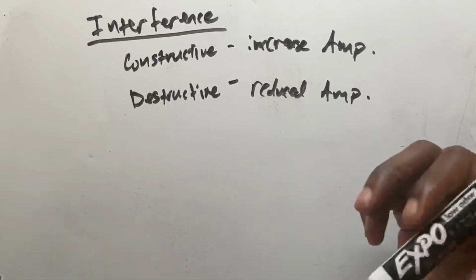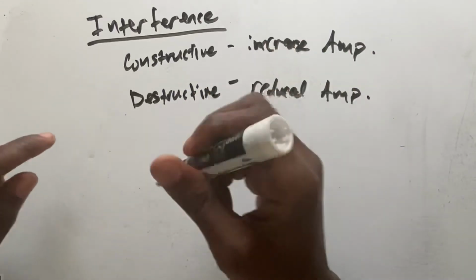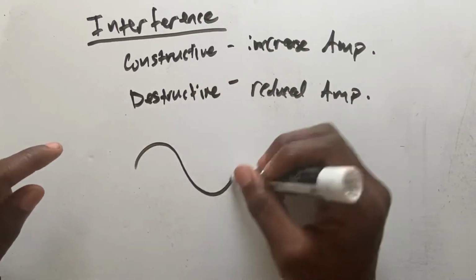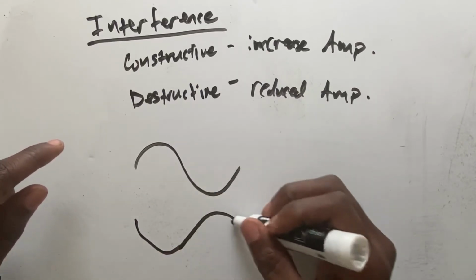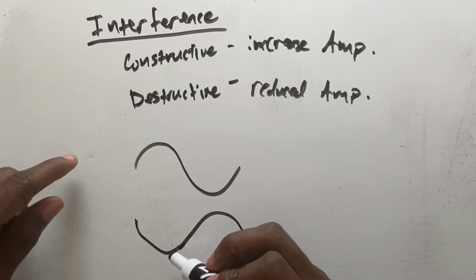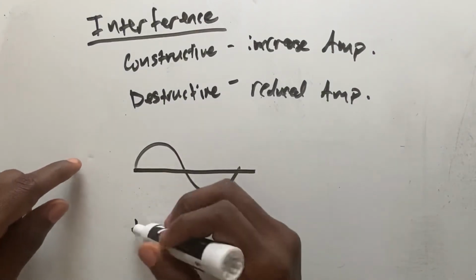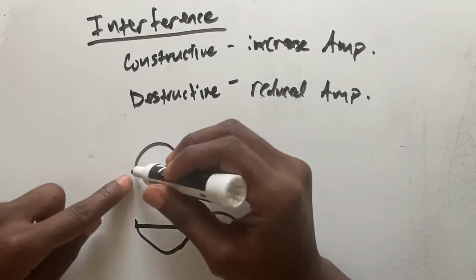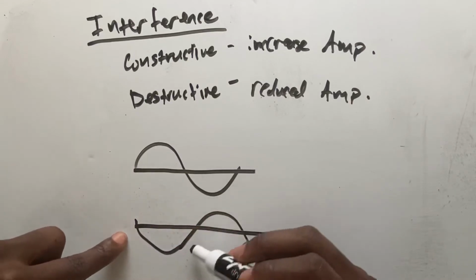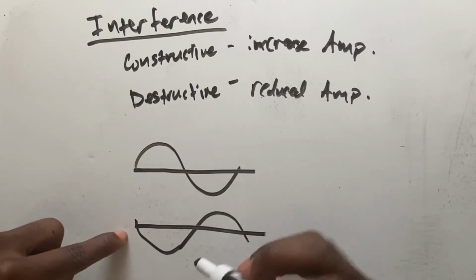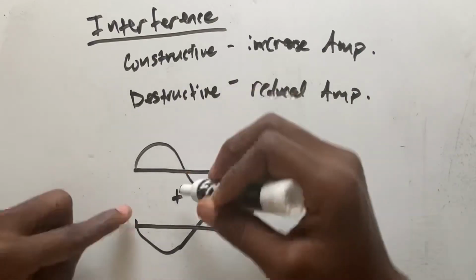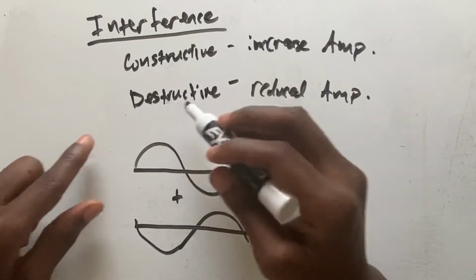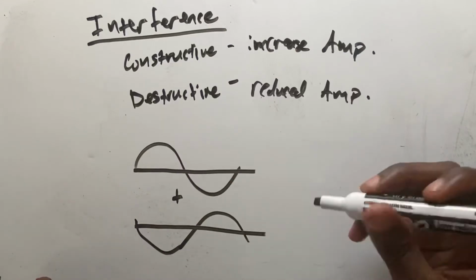So if we have two opposite waves, one going like this, and then one going like this, notice these are the same wave, but this one starts by going up, this one starts by going down, then up. Since they're opposite, they're going to interfere destructively.